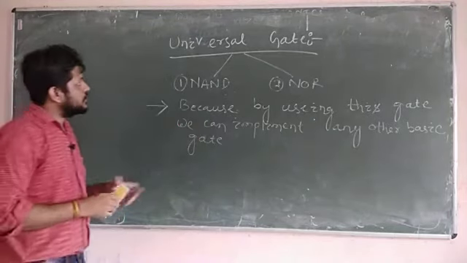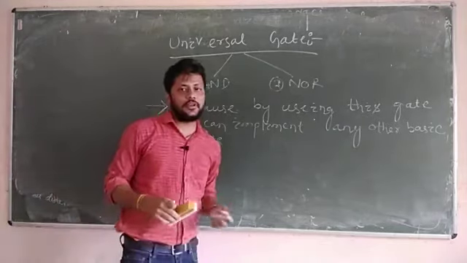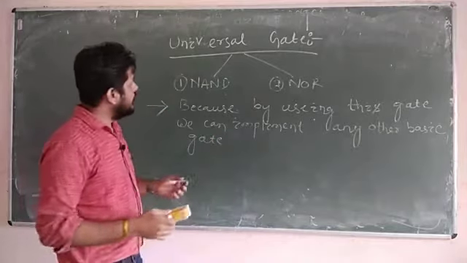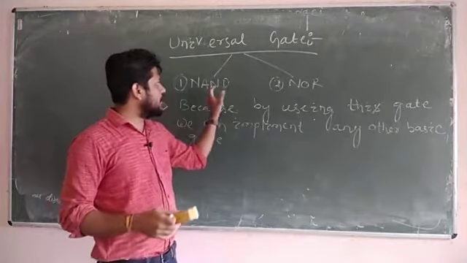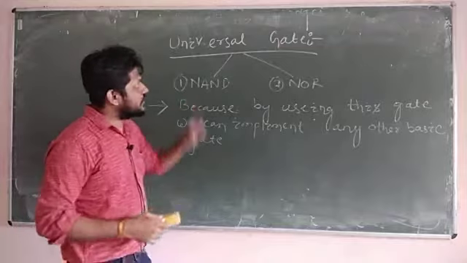What does it mean? That means by using NAND and NOR gate, we can implement any other logic gate. Hence, these two gates are known as universal gates.